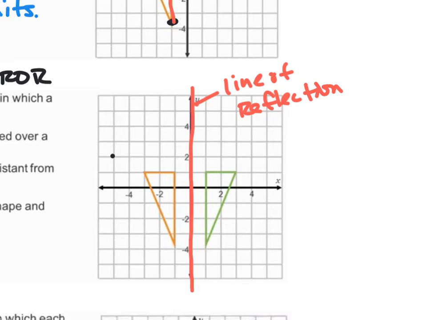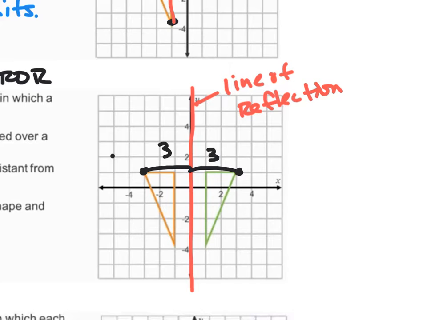Now, each point on this triangle is going to be equidistant to my line of reflection as its corresponding point on the other side. Okay, so this point corresponds to this point here, all right? And this is a distance of 3 units, okay? Now, if I look at the corresponding point over here, this is also a distance of 3 units, okay?